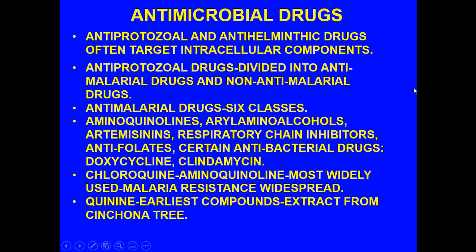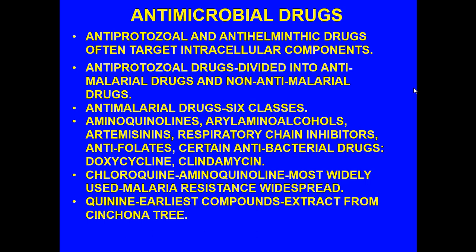Now, here's where we get into even more of a challenge, because now you're dealing with something that is closer. I mean, yes, there's a difference between a parasitic worm and a protozoan and myself, but there are things that are similar. That is, we're multicellular and we are eukaryotic.